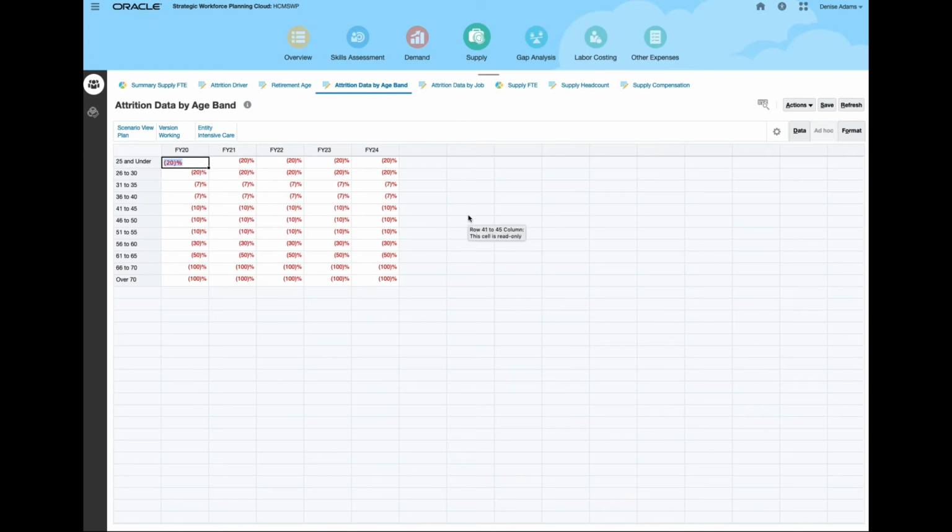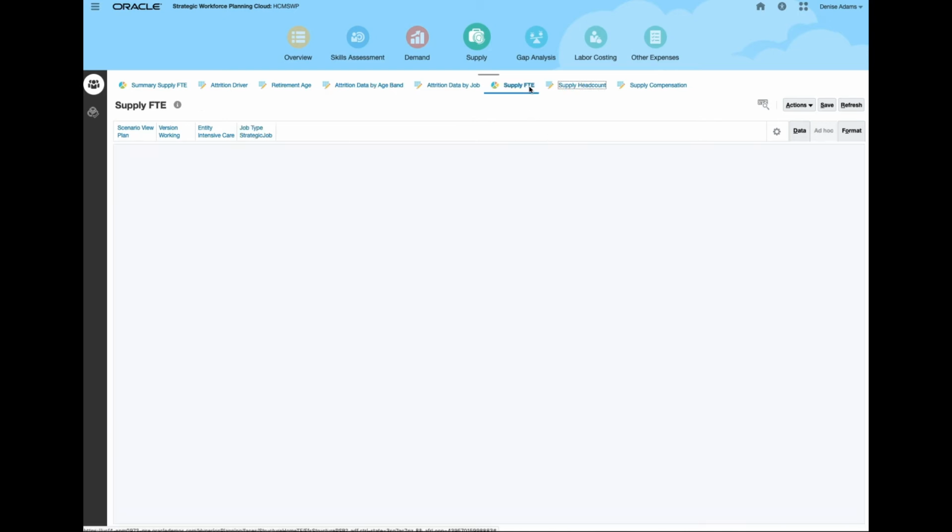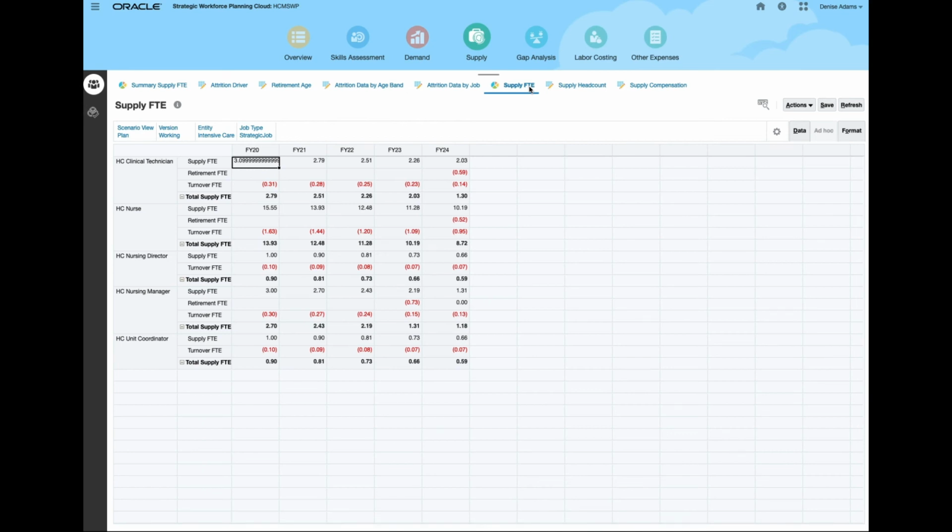So I want to take account of the fact that, first of all, potentially millennials may turn over more rapidly. People in their middle age will generally stick to a lower attrition rate, and we reach a hard stop at retirement age. So that gives me then information about what my supply full-time equivalency is going to look like in the future, because I know who's going to retire based on their age. I know, or I can predict, what their chance of attrition is based on their age as well.